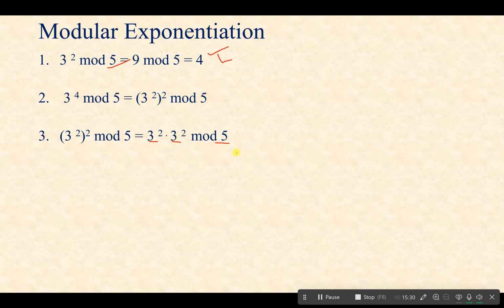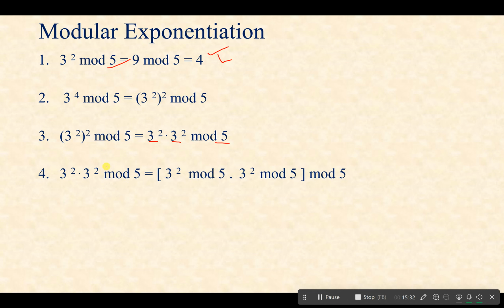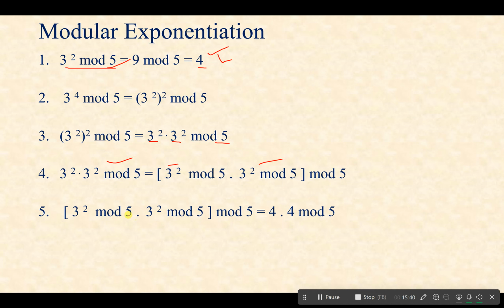You can look at the previous slide. So you can multiply and expand it like this. In the end, we already know 3 square mod 5 is 4. This is also 4. So 16 mod 5 is 1.